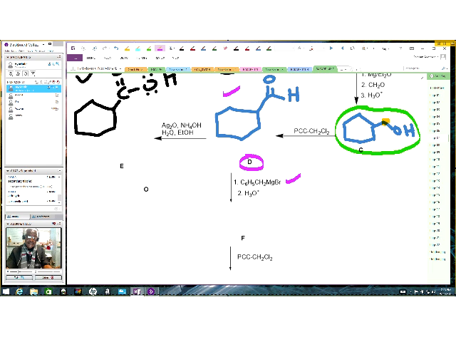Reacting this Grignard with an aldehyde, let us see what the product will be. That will give you a secondary alcohol. Excellent. So therefore, we are going to have this here. So we have our aldehyde.